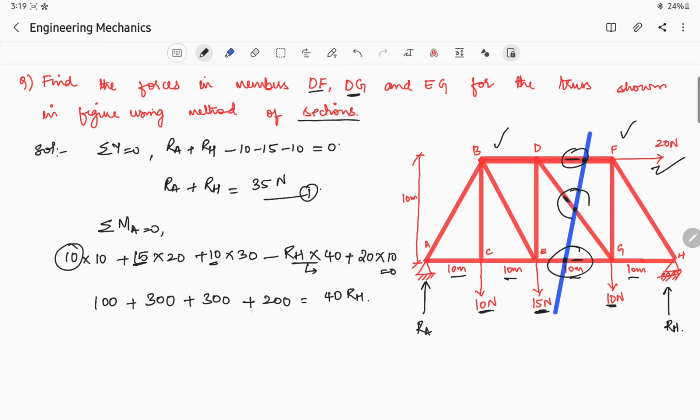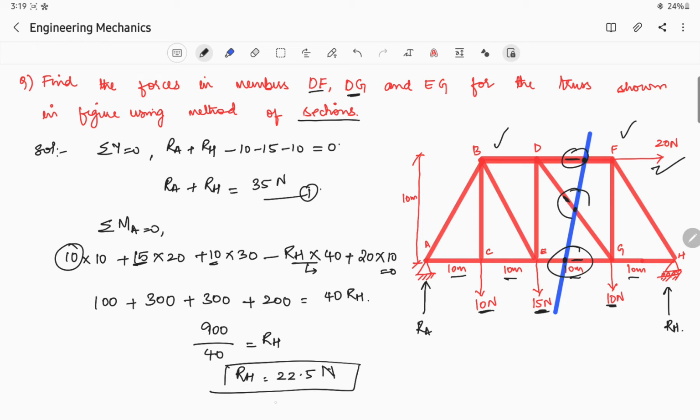So add these terms, 500 plus 400, 900, right? So 900 divided by 40 is equal to RH. So RH is equal to 900 by 40, which is 22.5 newtons. So this is RH, right?